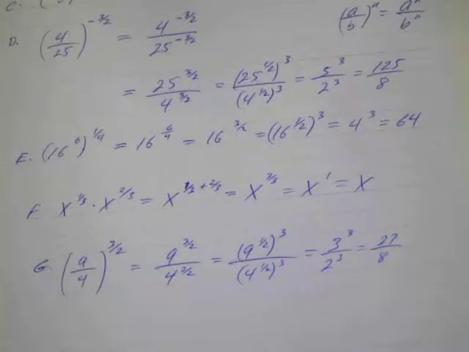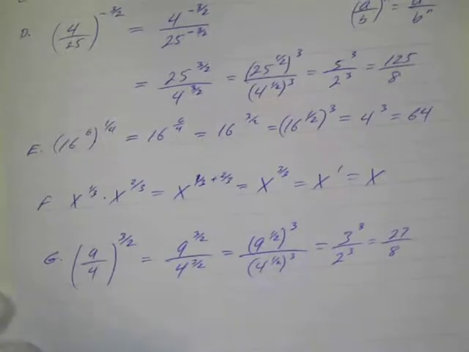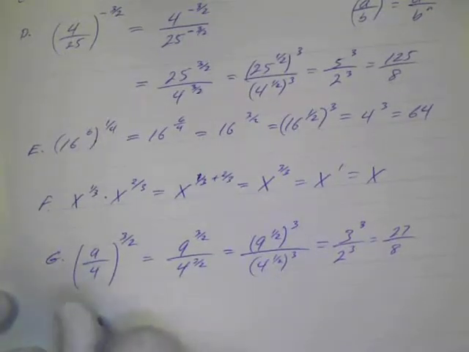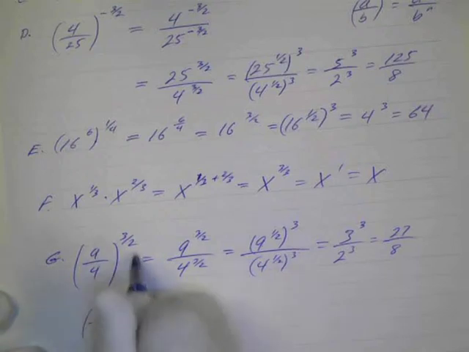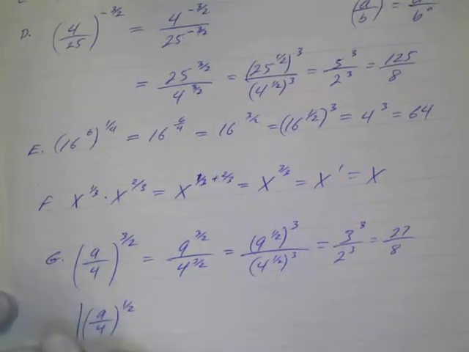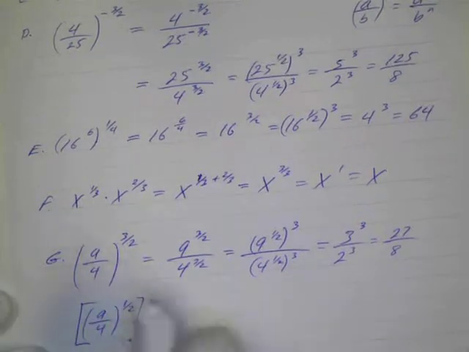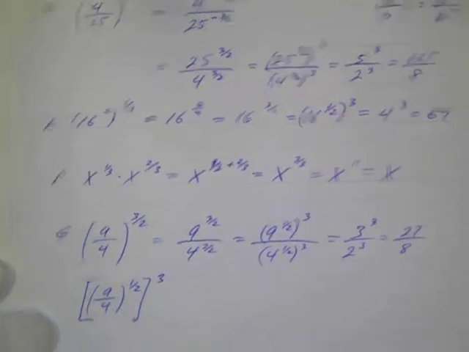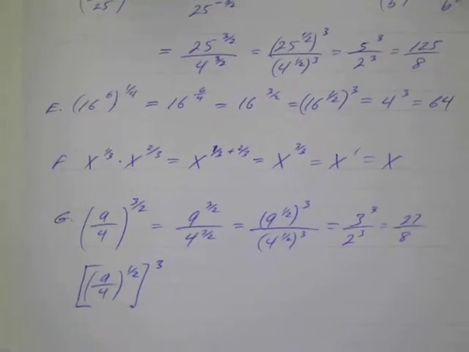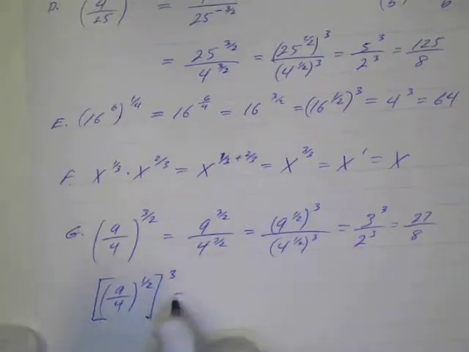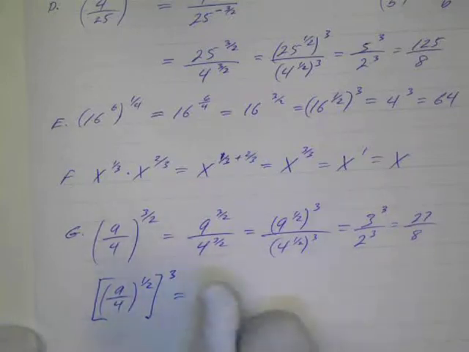Now another way you could do this is you could write it like this. And you could put this to the 1/2, and then you could cube that. Because I could take the square root of 9/4, because that's just going to be the square root of 9 over the square root of 4, which would be 3 over 2.